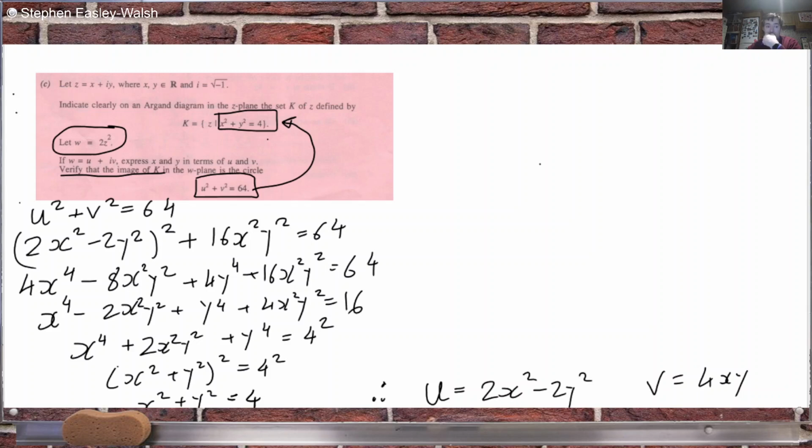I'm starting to wonder now if that's a typo in the question, if it meant to say express u and v in terms of x and y. Because those were the equations I needed to show that this equation simplifies to that.